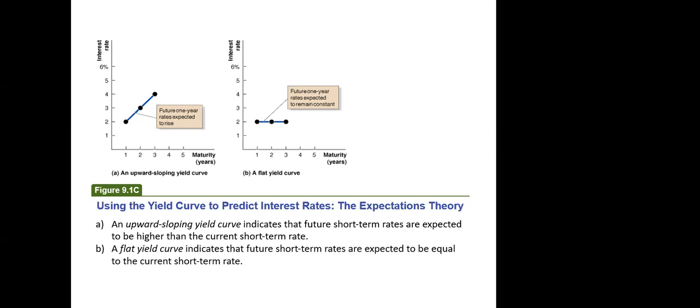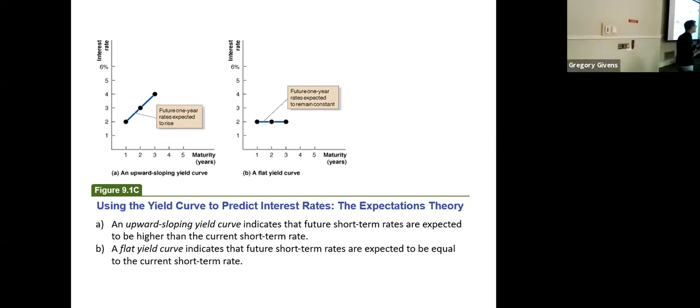They expect them to be 2%. So again, viewing the yield curve or the data through the lens of the expectations theory of the term structure suggests that a flat yield curve means that investors must think short-term interest rates are going to remain constant over the next couple of years.